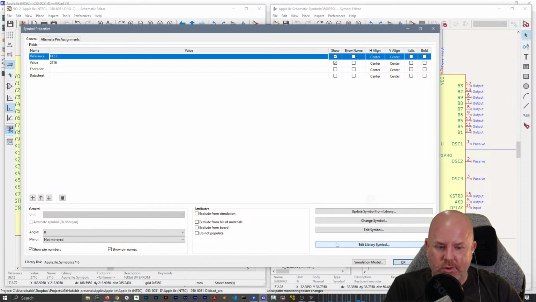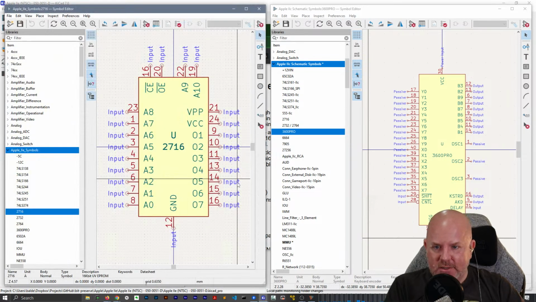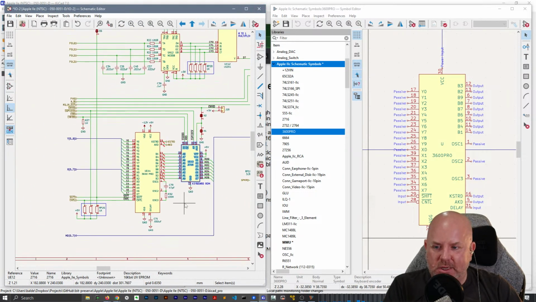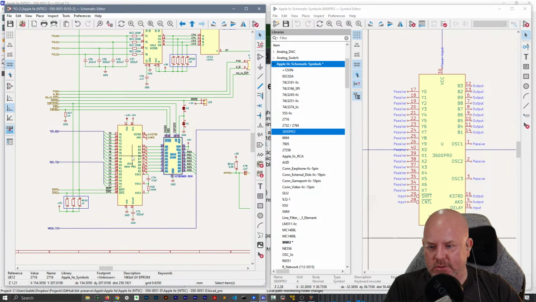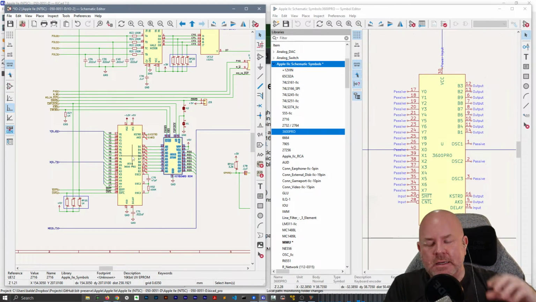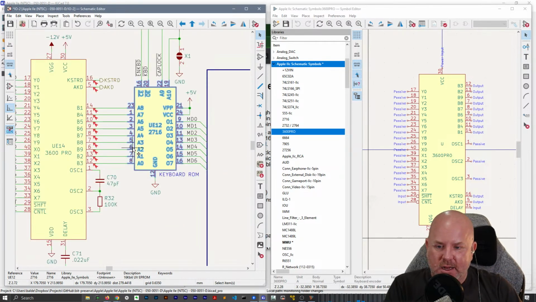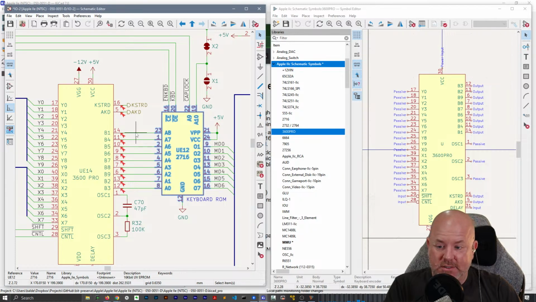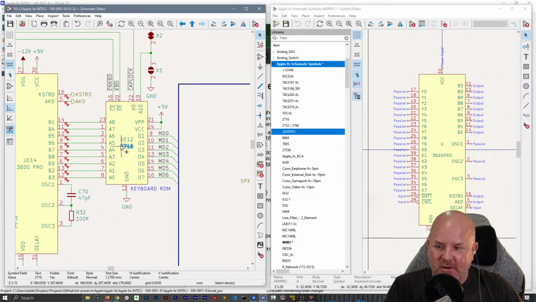Item number next, 2716. This is the keyboard ROM. The really cool thing, if you don't know how the Apple II keyboard works, is you've got this microcontroller, which is literally a 6502. It scans the keyboard matrix and tries to figure out which keys are being pressed down. Based on the keys that are pressed, it outputs, I was going to say 8, but I guess it's a 9-bit value to represent the key, which is actually the address lines of a ROM.